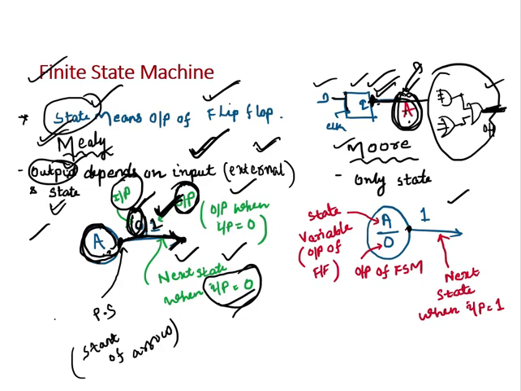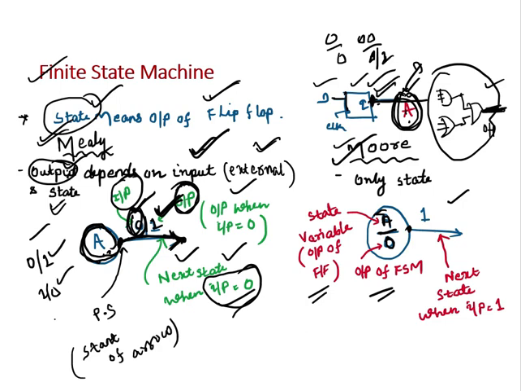And this one is the Moore machine. The representation of the Moore machine is like this. There will be state variables. Again, it can be 0, 00, 000 or 1. But here it is written state variables, which are nothing but the output of a flip-flop. Then there is a division sign, then some 0 or 1, and this 0 or 1 is called the output of FSM. Here it is 0/1 or 1/0.